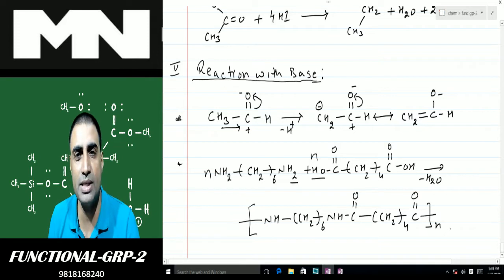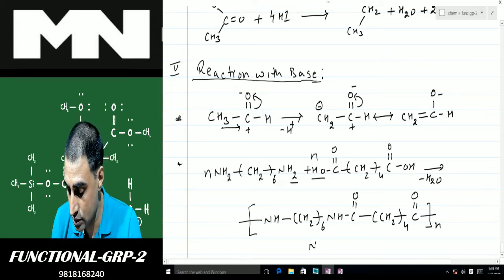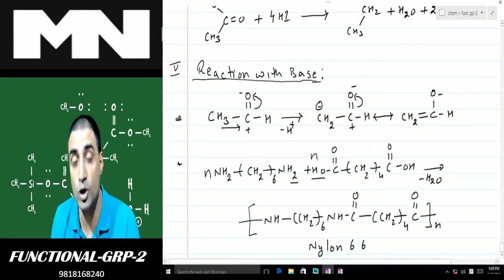So this is a method of polymerization. The polymer which we got is nylon 6,6 because both the monomers have got 6 carbon atoms.